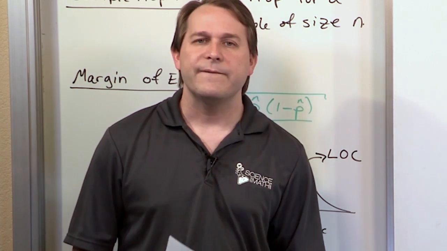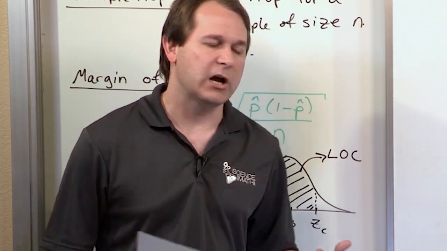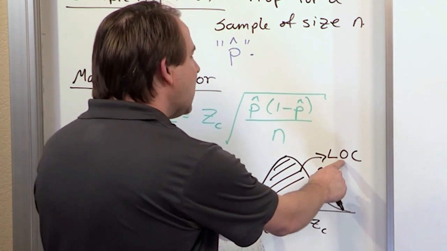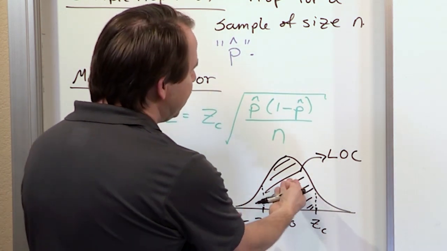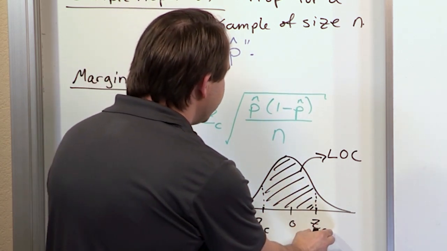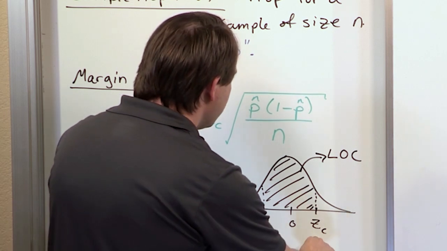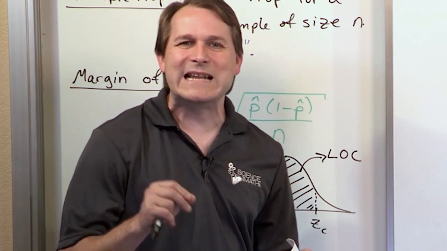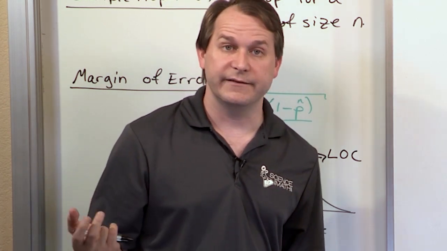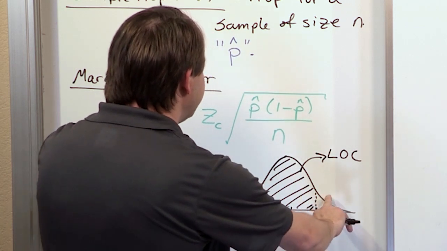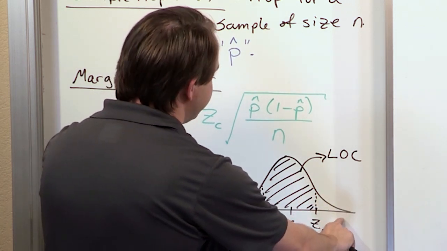If I was doing a problem with 95% level of confidence, the area in here would be 0.95. When you lock down the level of confidence, whether it's 80% or 75% or whatever, you're locking down this area and you're locking down the value of z sub c. They're going to go out or in depending on the level of confidence of your problem. If I'm doing a 99% confidence test, then since it's 99% area in here, these are going to be shifted way out and z sub c is going to be bigger.